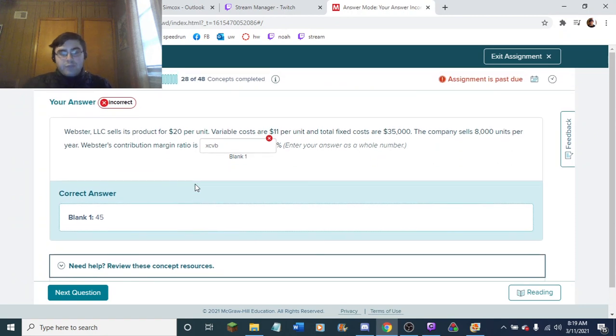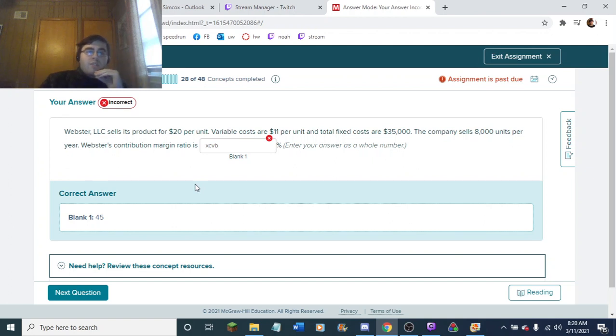Alright, so 20 minus 11, the contribution margin is 9 per unit. And if the total cost is 20... Oh, no, I'm stupid.